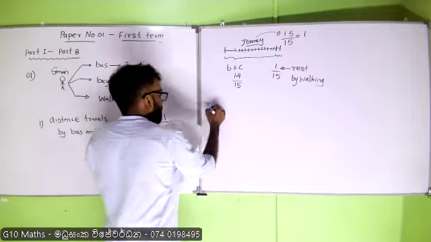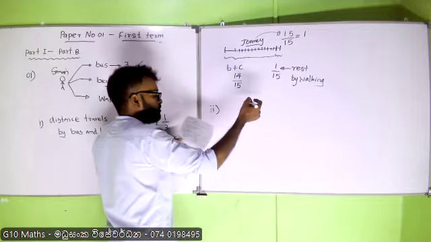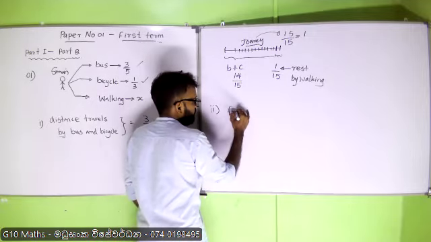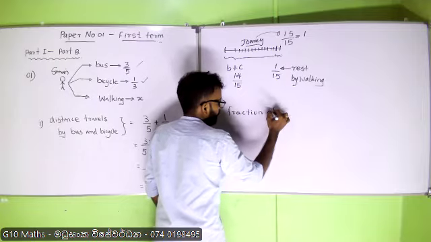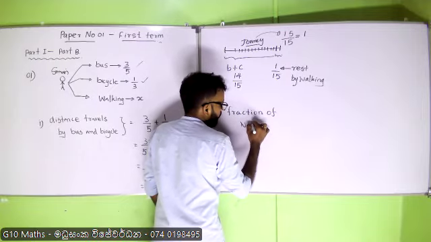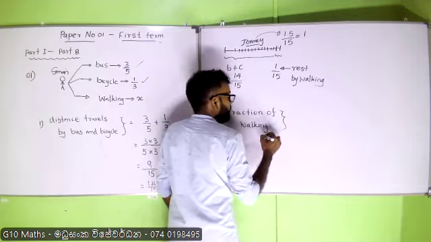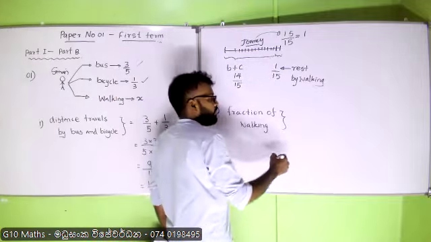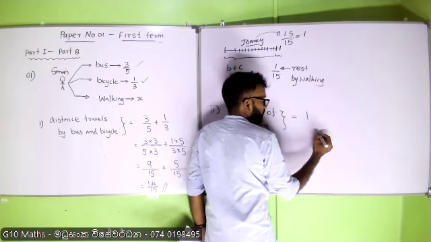Then in the second question they are asking, what is the fraction he walks to the total distance? Fraction of walking. There are a few ways. By looking at this one, you can take it. But using the mathematical way, the total journey is 1.